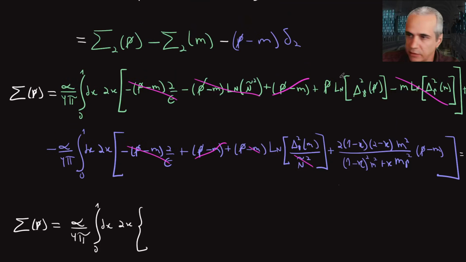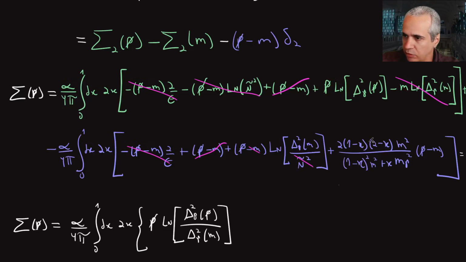The part with these logs will be, there's a p slash here and another p slash here, so I can put these two logs together. There's a relative sign between them here, so that's just the log of delta gamma square p slash over delta gamma square of m.